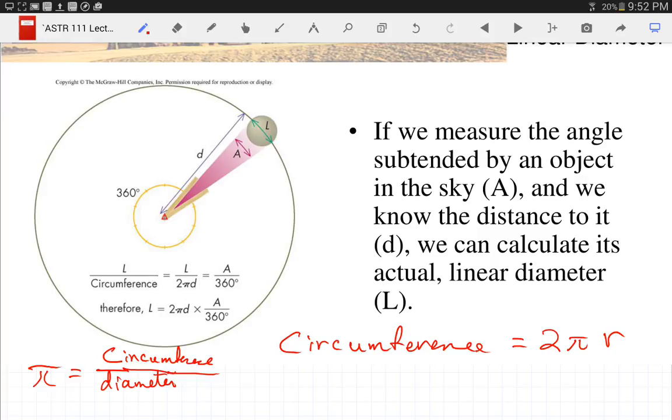Speaking of mathematical literacy, let's get back to this. The circumference of a circle is 2 pi times the radius.